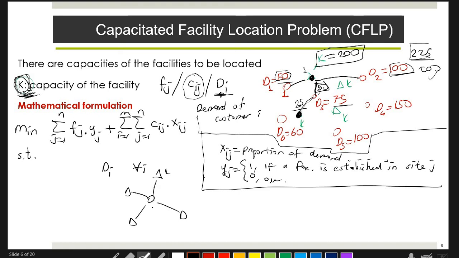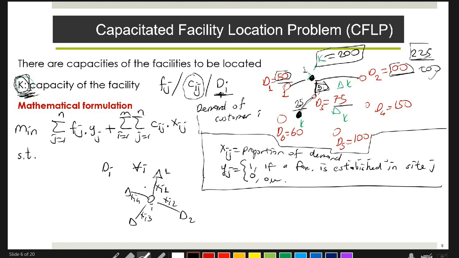So this is facility 1, this is facility 2, and the proportion of items that we are sending from the first facility is Xi1. This is Xi2 from the second, if we establish it. This is Xi3 and this is Xi4. These are the proportions.